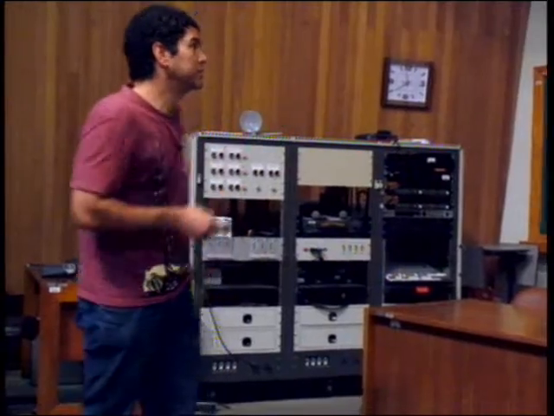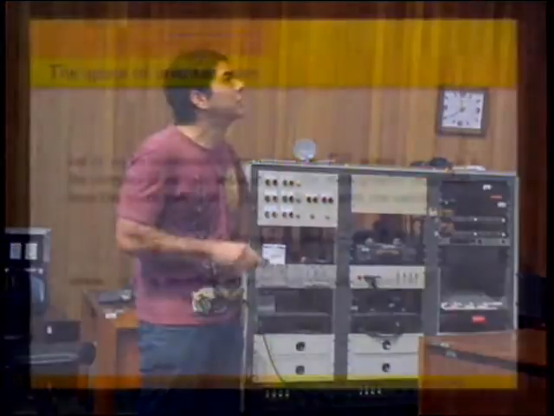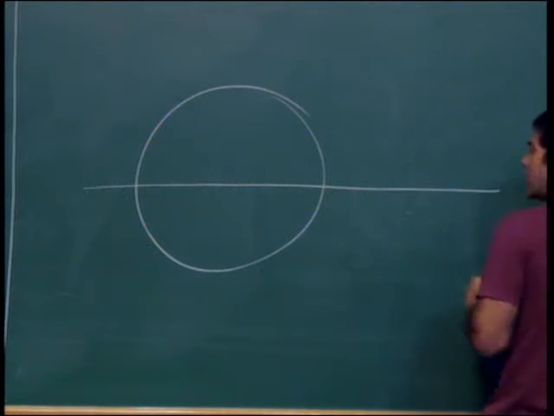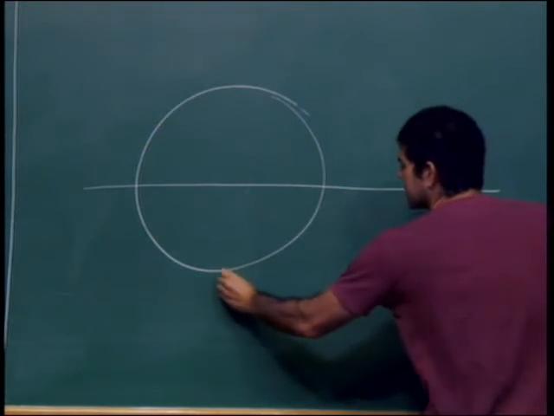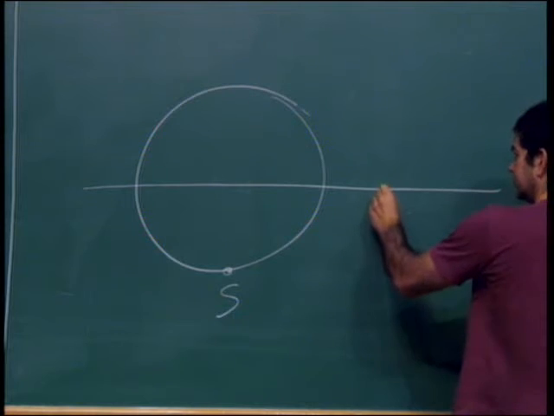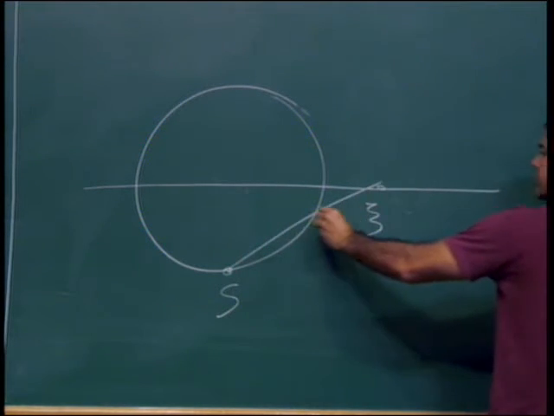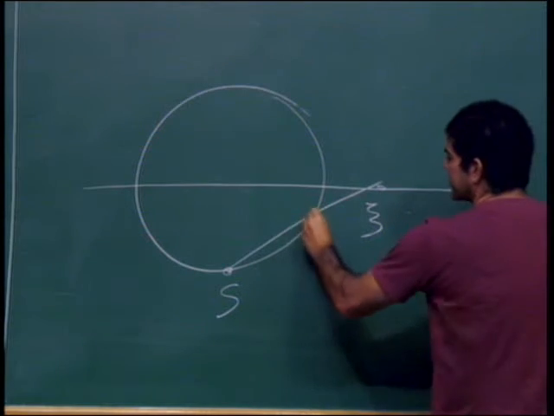And in this work, I'll use coordinates, and the natural coordinates here. If you think of the unit sphere, here the horizontal plane passing through the equator. This is the south pole. So this will be a complex coordinate, okay, associated to this point of the sphere.